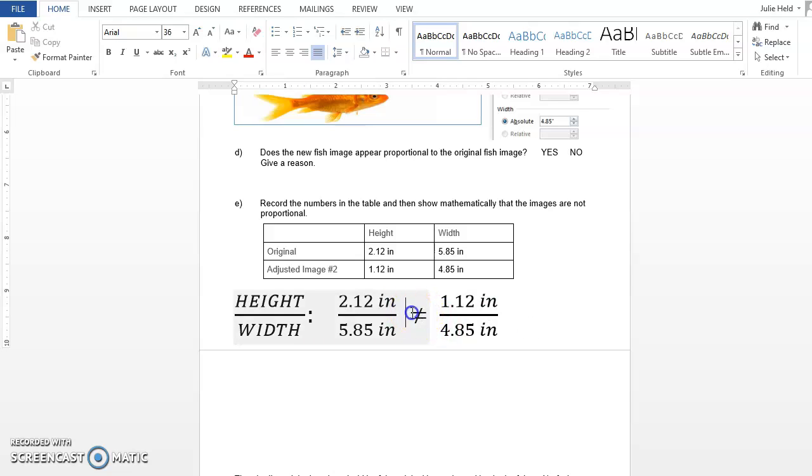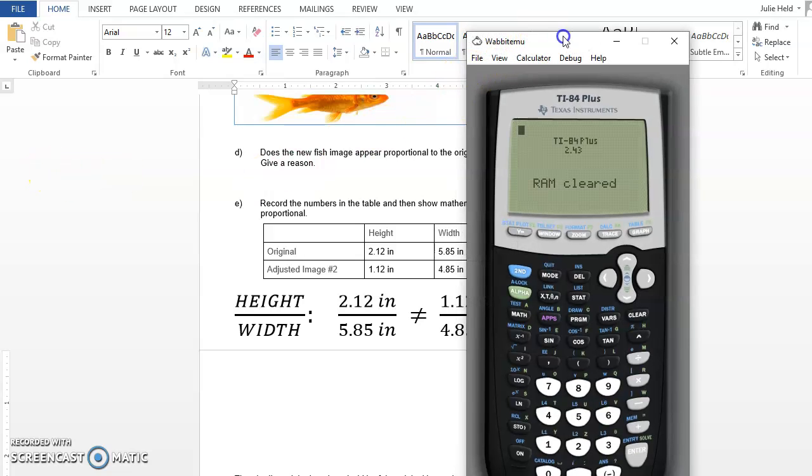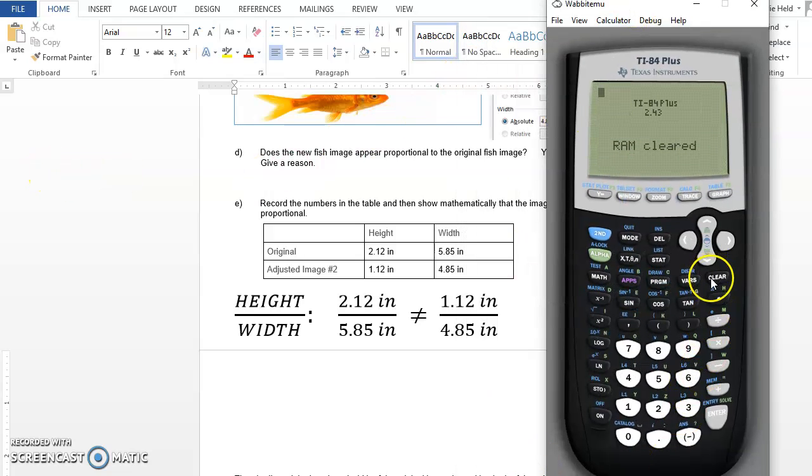So this is a question now. Is it equal? We have to see. That's not as obvious to me. There are ways to tell, like we could divide both sides and see what we get. So I'm going to take 2.12 and divide it by 5.85.